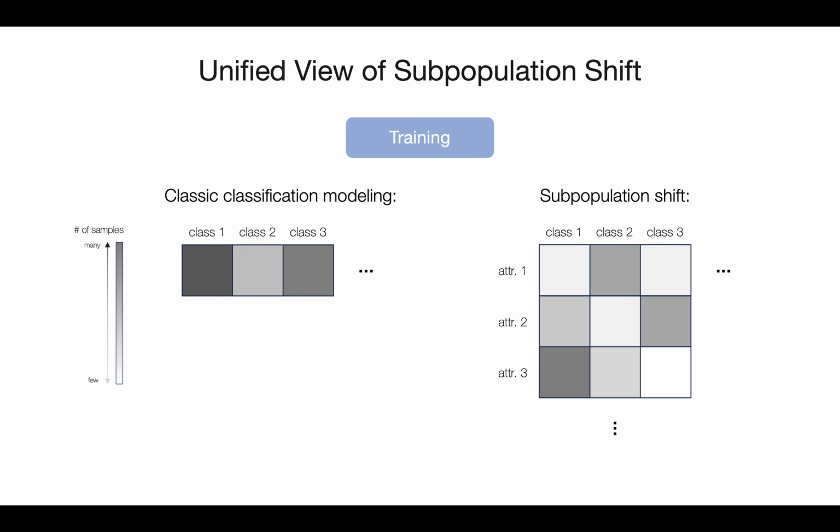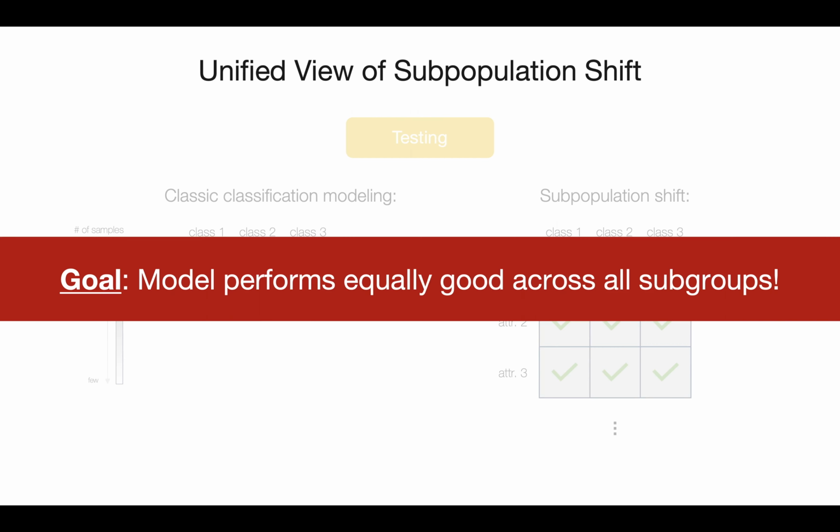In this case, we could define the discrete subpopulations based on the attribute and the label. And here, the number of samples for different attributes within the same class could also vary. And naturally, to test the model, similar to the classification setting where we evaluate performance across all classes, in subpopulation shift, we test the model across all subgroups to ensure the worst performance over all groups is good enough, or ensure equally good performance across all subpopulations.